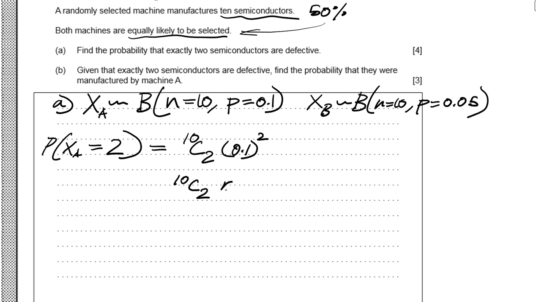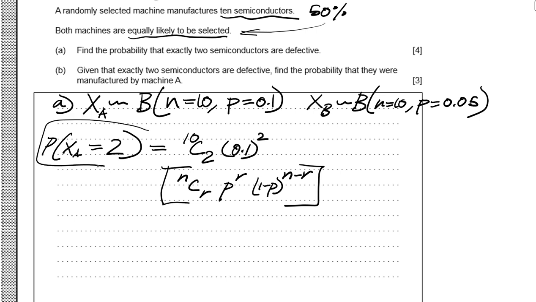So we have our probability of success to the power of R, and this is our N from our binomial formula. And then we have 1 minus P to the power of N minus R, right? This is our binomial formula from our binomial theorem. And so we're essentially using this to solve our probability.